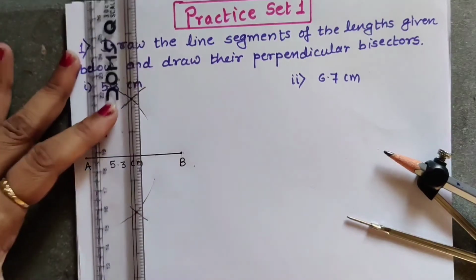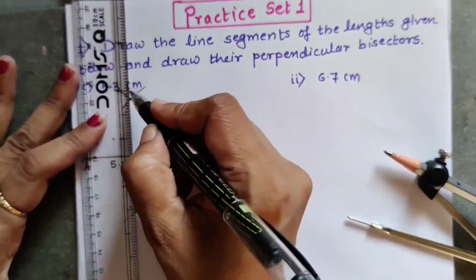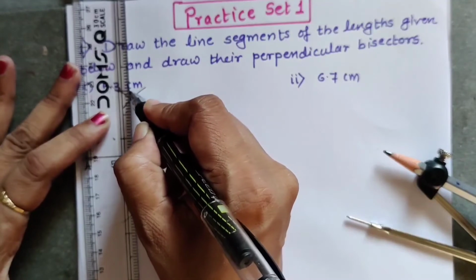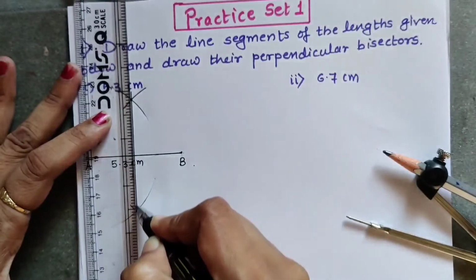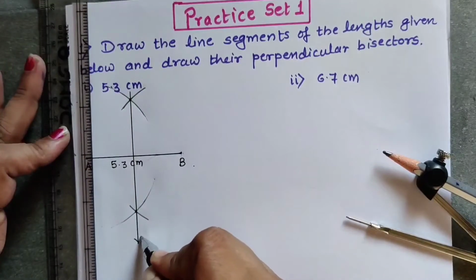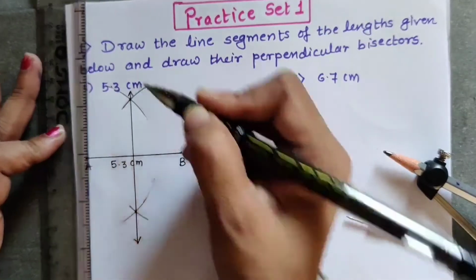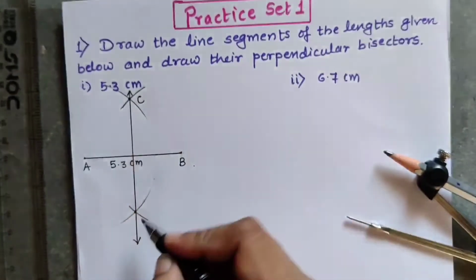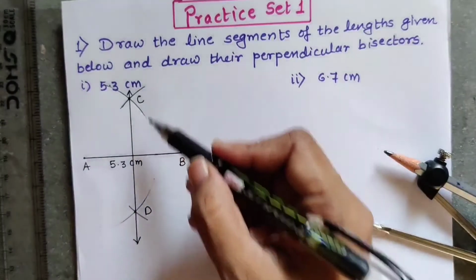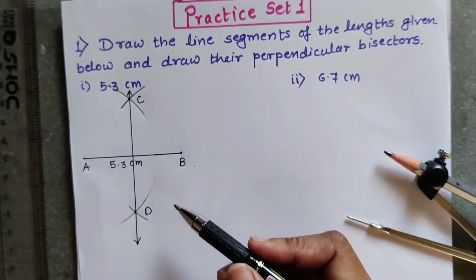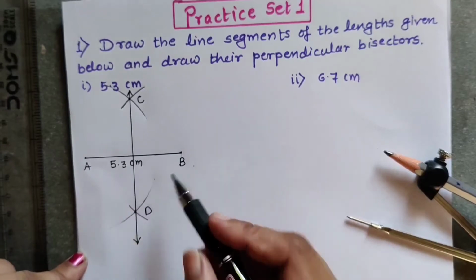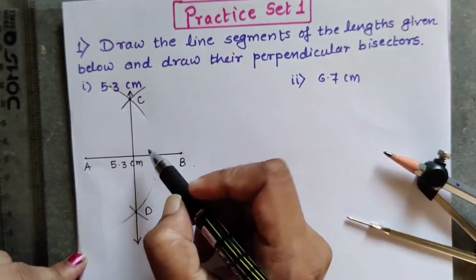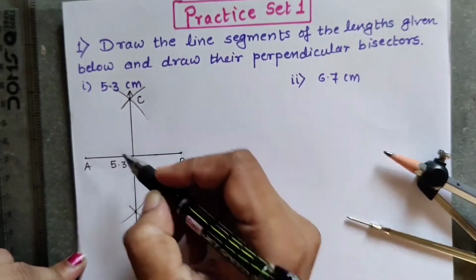So let us join these 2 points. We can give any name to these points, maybe C and D. So line CD is the perpendicular bisector of seg AB. It bisects segment AB into 2 equal parts.